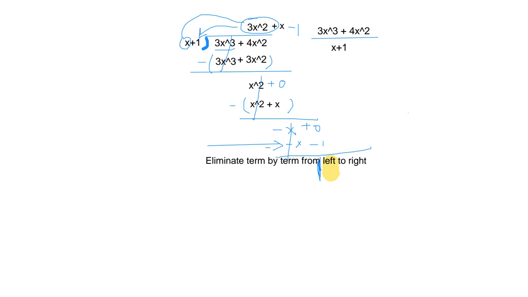Okay, anyone has any questions? So the remainder has to be 1 degree lower than the divisor, okay?